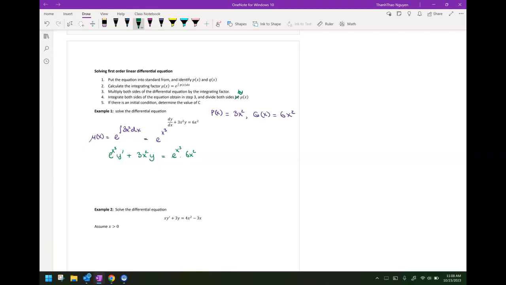The left hand side now becomes d/dx of e^(x^3) times y, equal to the right hand side e^(x^3) times 6x^2. So then e^(x^3) times y is equal to the integral of e^(x^3) times 6x^2. Integrate both sides with respect to x, right?